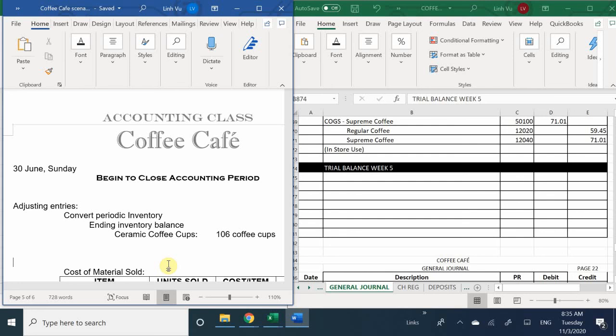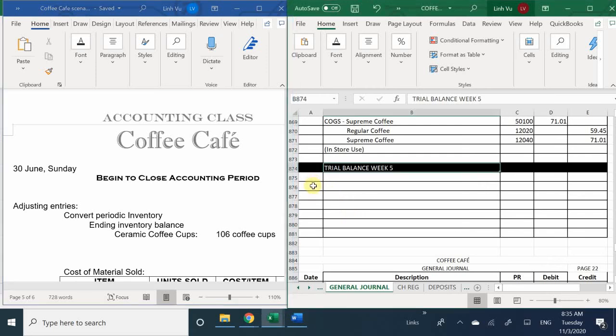Okay, so let me see. Good, for the coffee mugs and the cost of goods sold. So I think we might have enough space here to squeeze in. We'll start from here. Since it's the end of the period, we're on June 30th.